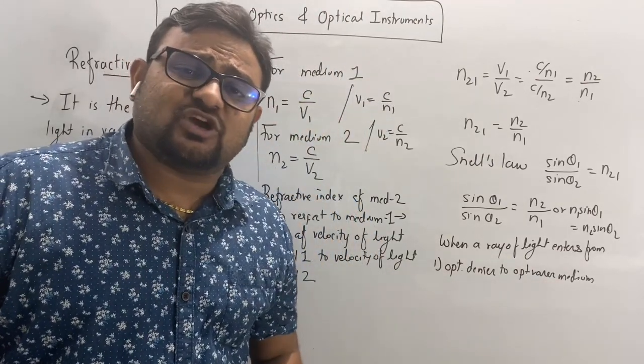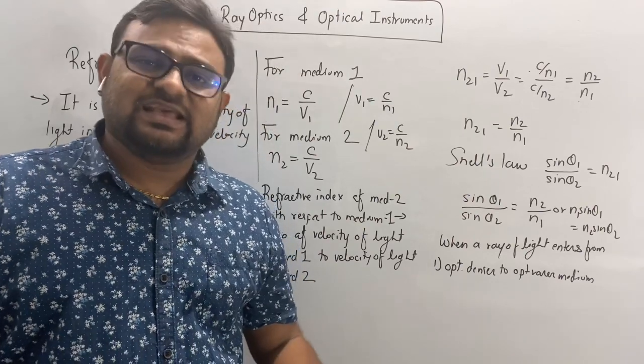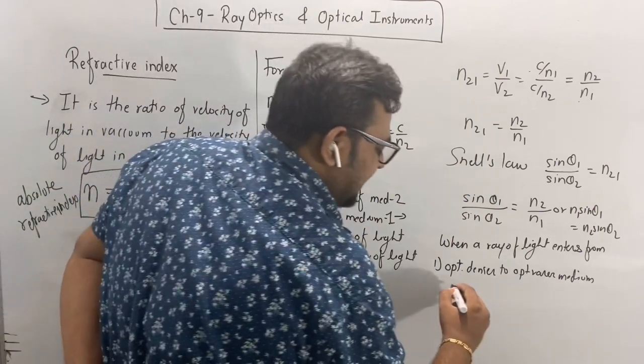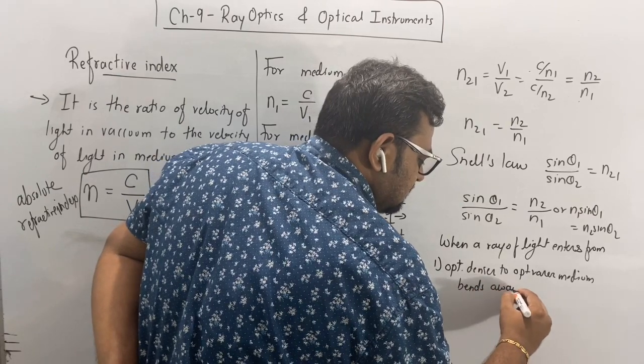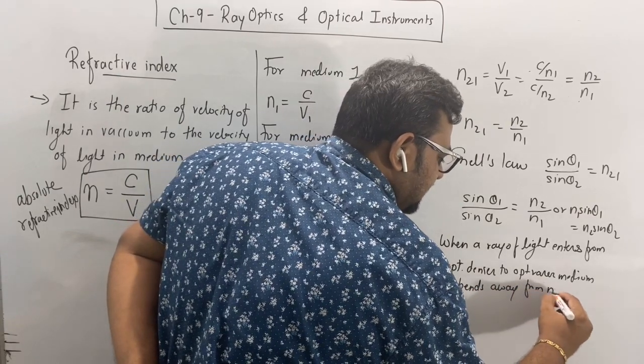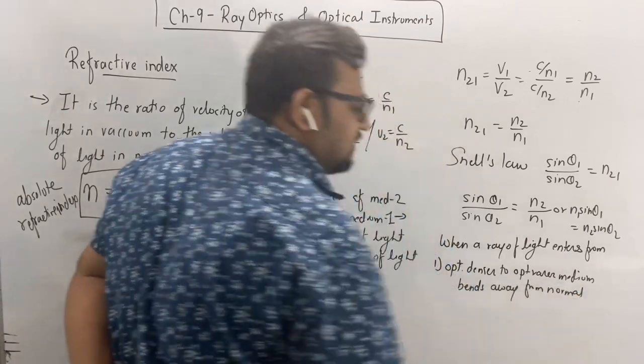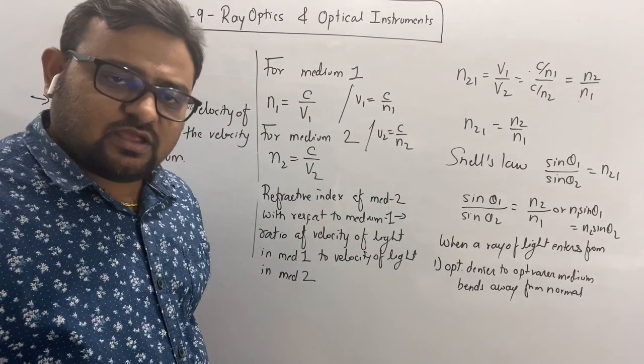So the velocity of light increases and hence it bends away from normal. Okay, clear?